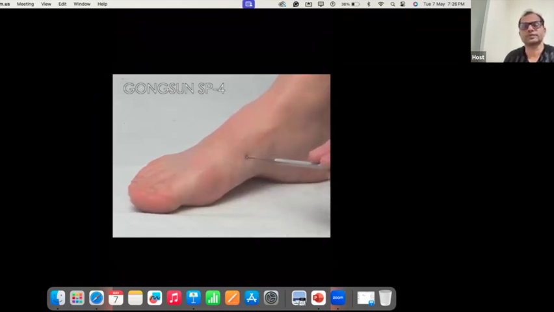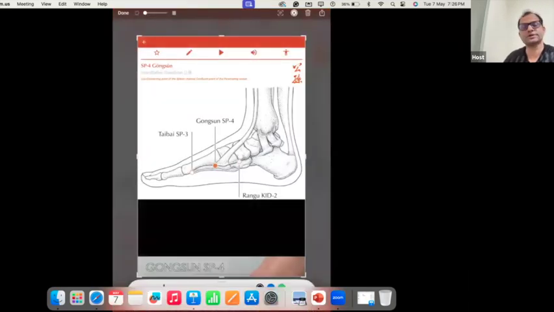So this is the location of spleen 4. We can see here, spleen 4, right?